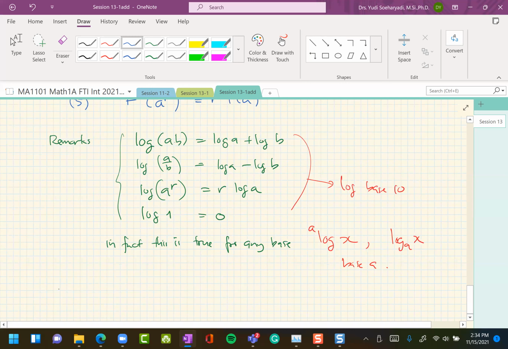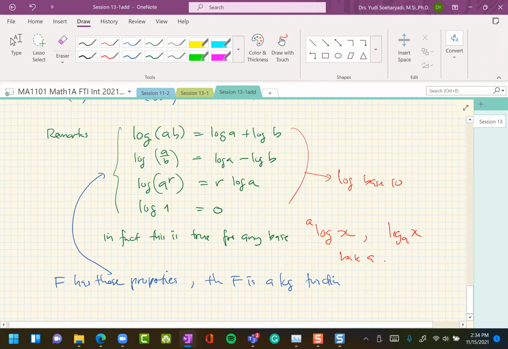So f has these properties. That's the reason why f is a log function.